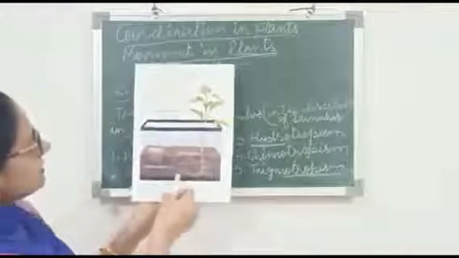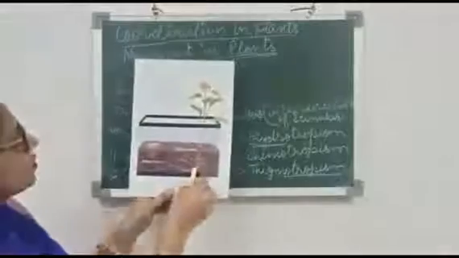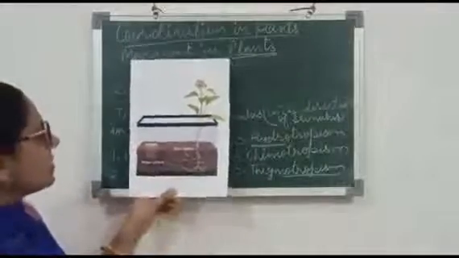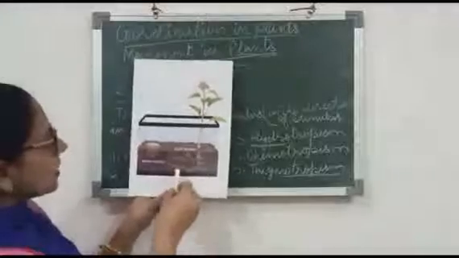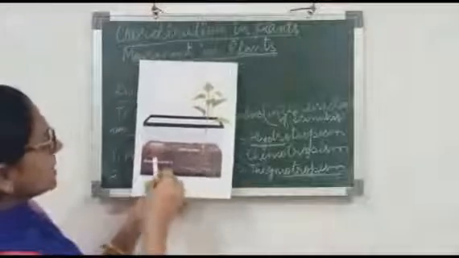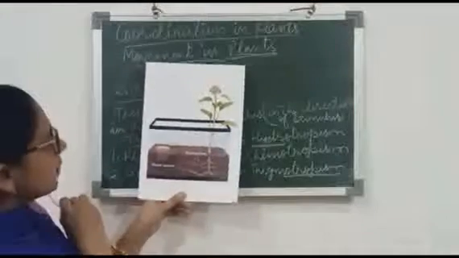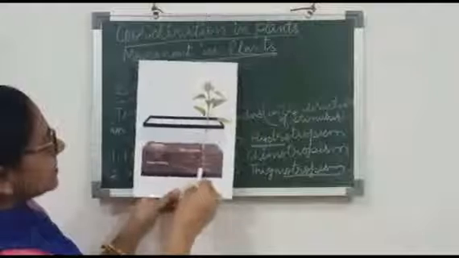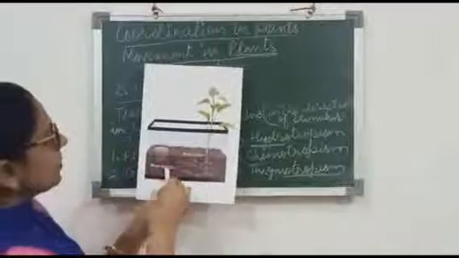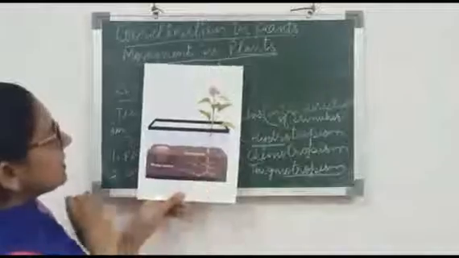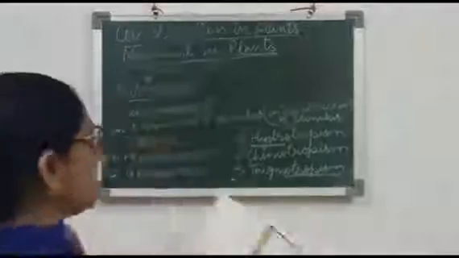So in this picture, what are you seeing? That roots are growing towards the water source. It means your roots are growing, growth is taking place, and here the stimulus is water and roots are growing towards the water. So roots are positively hydrotropic.